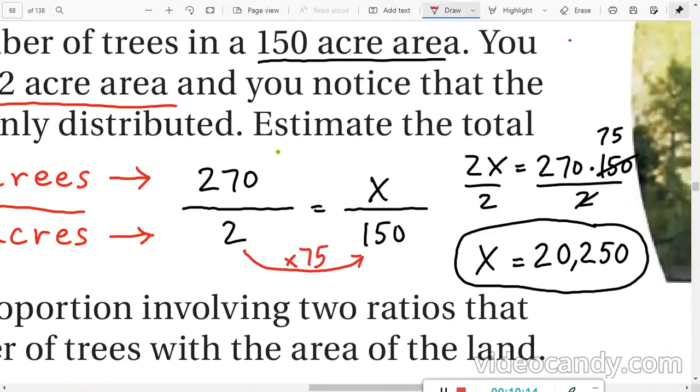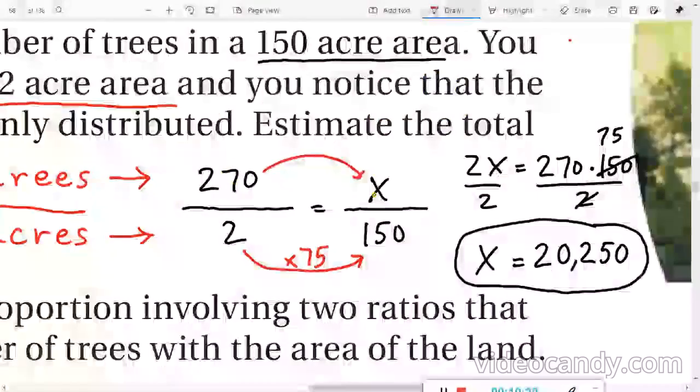You multiply by 75. So if you want to get from 270 to X, you can also just multiply by 75. All right? And that's basically what we wound up doing, 270 times 75. So if you can see how much of a multiple the other fraction is, you can take a shortcut instead of cross-multiplying.